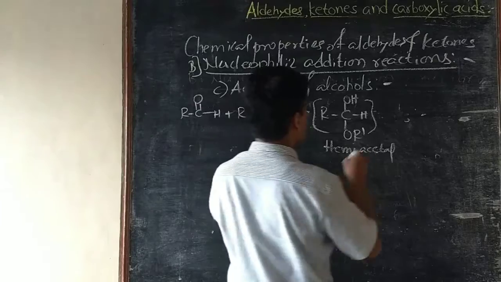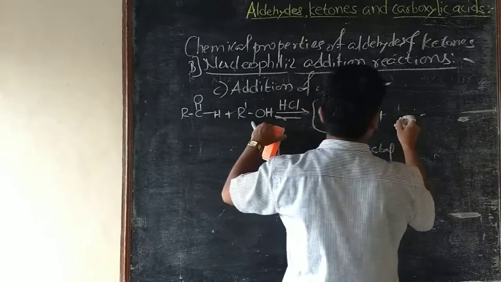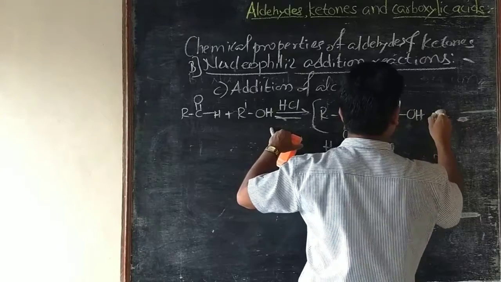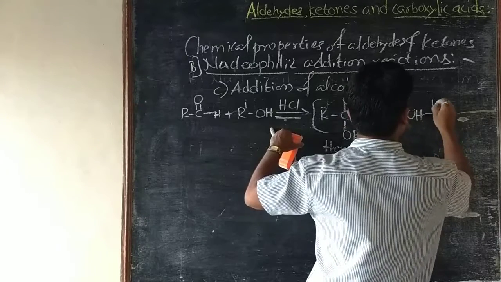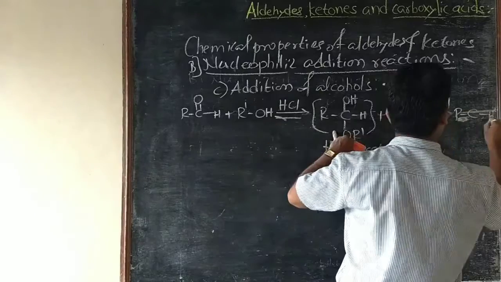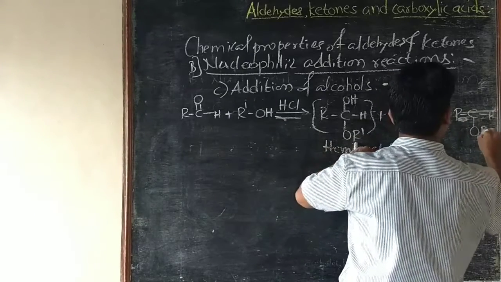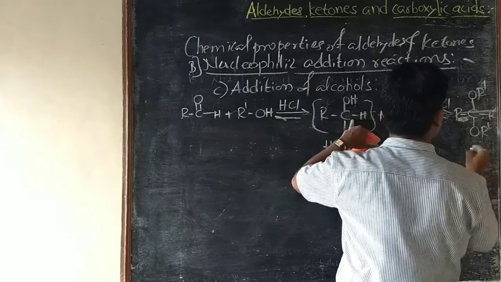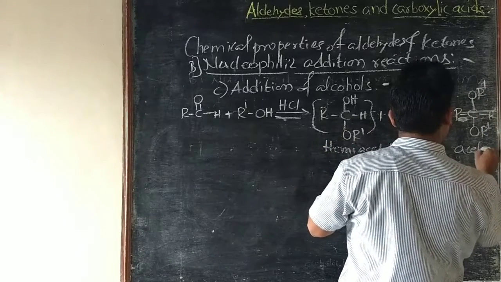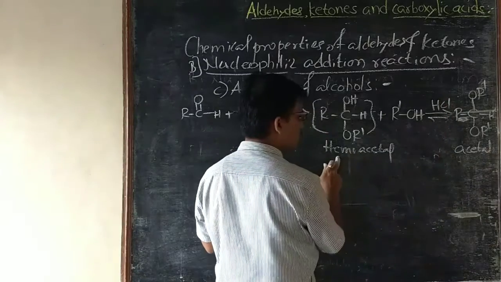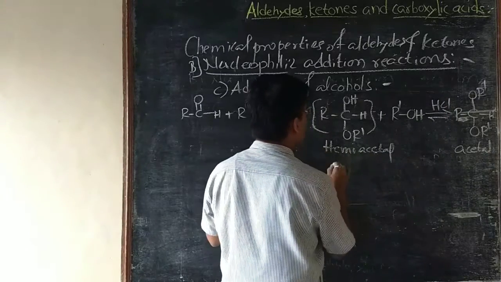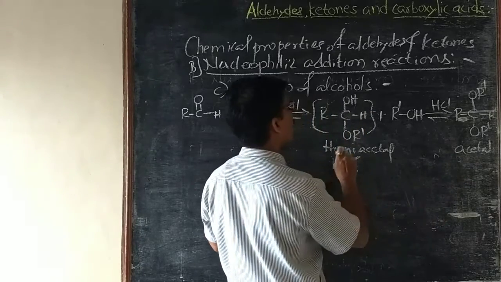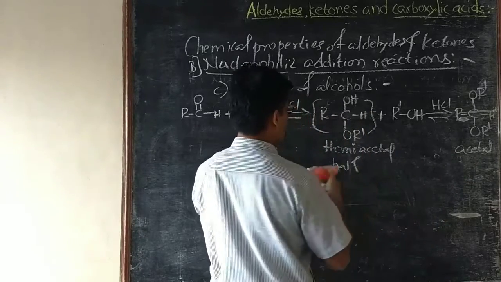This hemiacetal further reacts with one more molecule of anhydrous monohydric alcohol in presence of dry HCl to form a geminal dihydroxy compound that is called as acetal. Hemiacetal, in Greek hemi means half, that is half of this acetal, therefore it is called as hemiacetal.